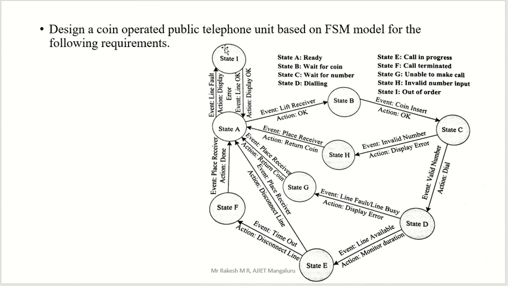So it goes to the out of order state, that is state I. And when the line is proper again, the display is okay, line is okay, then you get the ready state again. Sometimes it is possible because of the line being cut, or some other problems, that the event line fault occurs here.